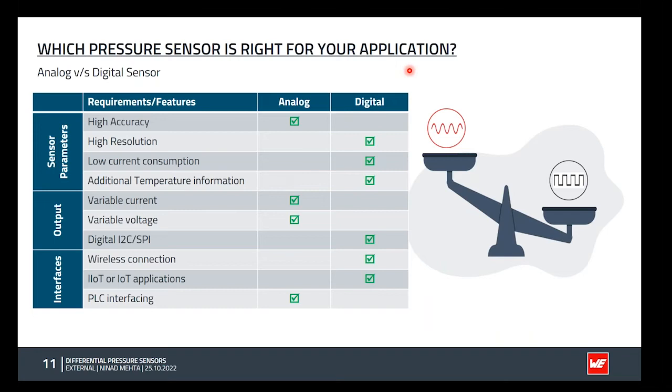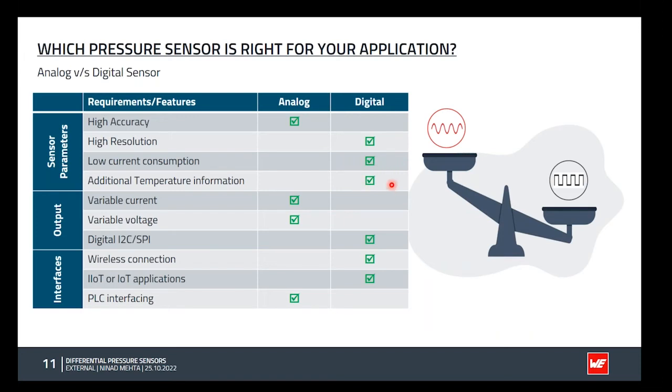the analog sensors have very high accuracy, but digital sensors have a higher resolution based on the type of ADC you use. The digital sensors can have a very low current consumption overall, because the sensors sometimes have inbuilt interrupt functionality, where the host controller is put to sleep and only the sensor needs to be active, and the controller doesn't have to always ask for the new pressure data.